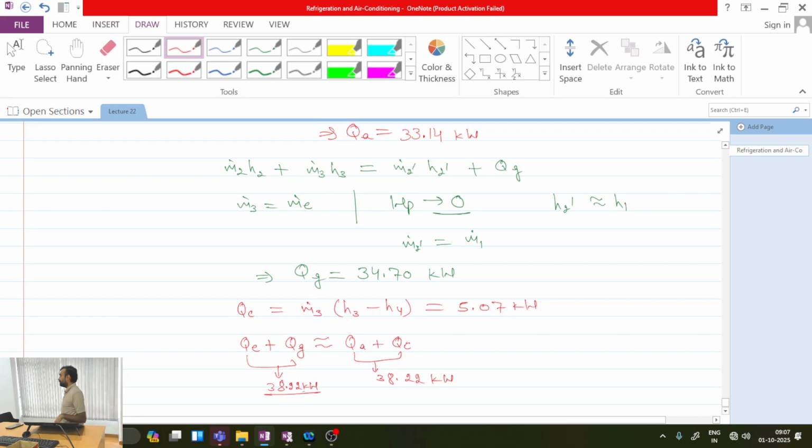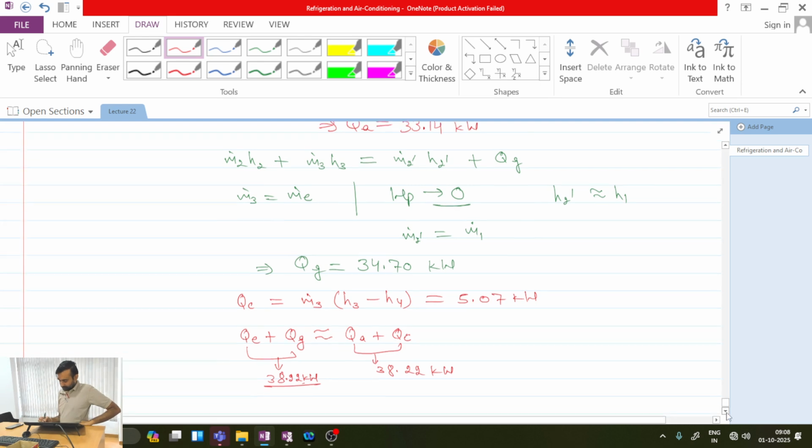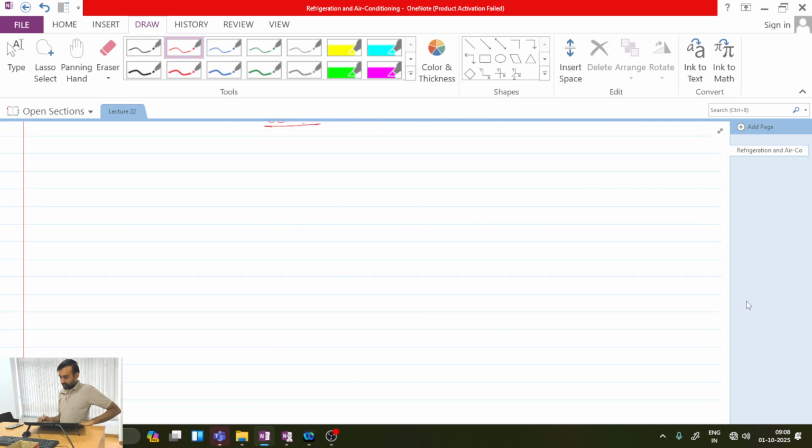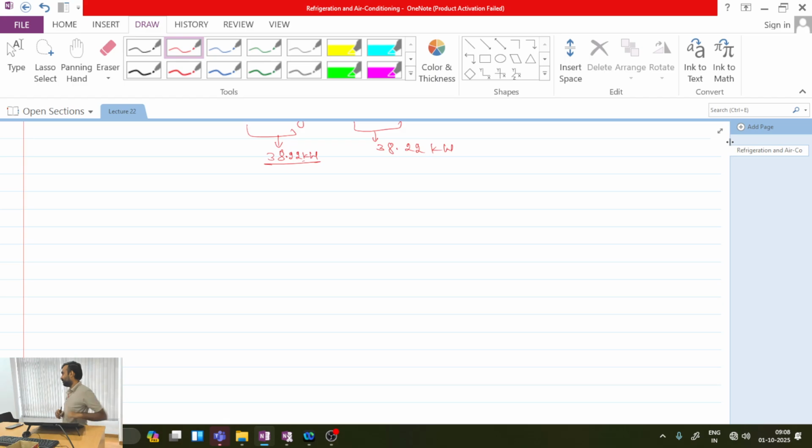Are you getting or not? 33 and 5 is 38, and 3.51 plus 34 is 38. So it means energy balance is satisfied. Okay. What next? COP. What is COP? QE divided by QG.